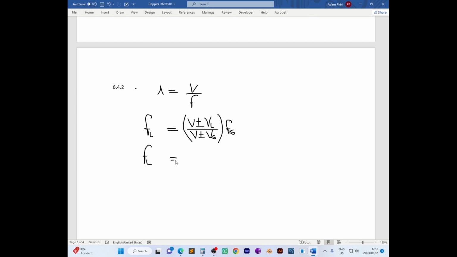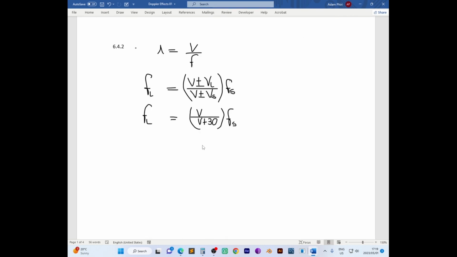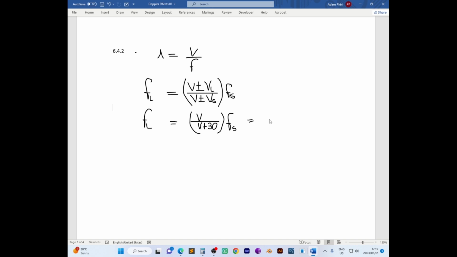So remember that it has to experience a decrease. So we're going to make our numerator smaller and our denominator bigger, so that we have a ratio less than 1. And then from there we can see that VS is moving away. So you must always notice whether it is moving away or towards. Moving away, the frequency will decrease, obviously.